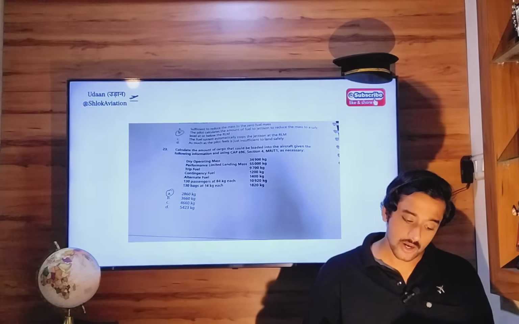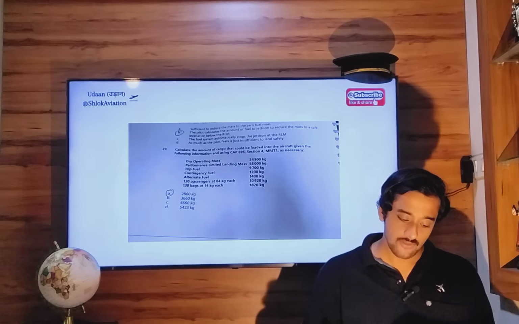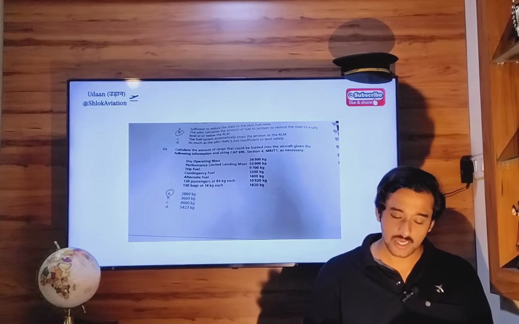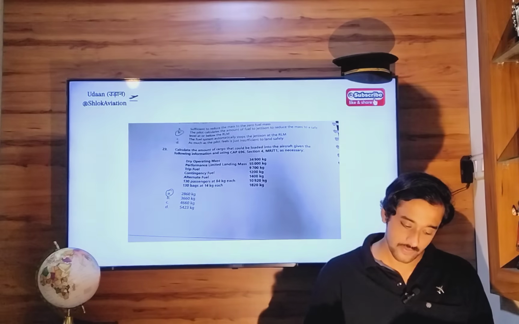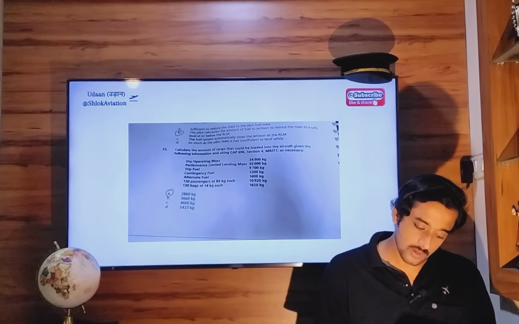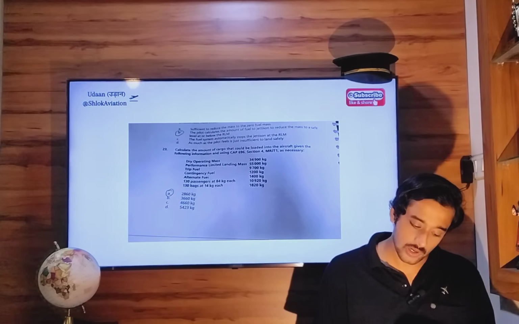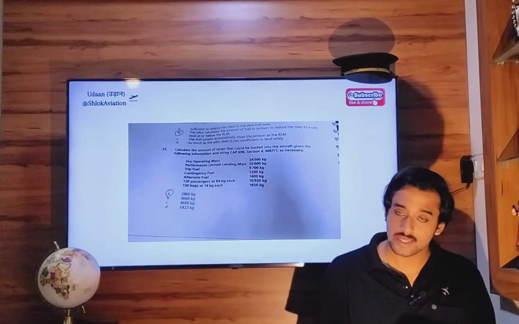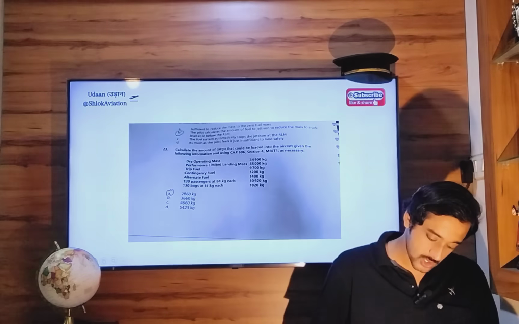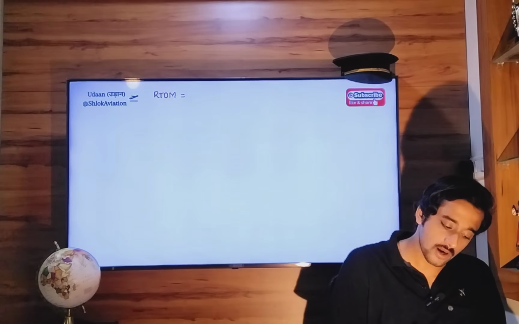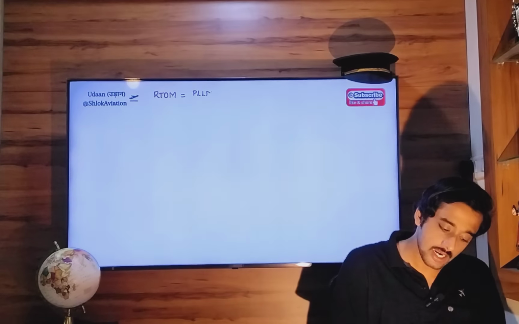Calculate the amount of cargo that can be loaded given the following information using CAP 696. So we have been given performance limited landing mass, trip fuel, contingency fuel, alternate fuel, passengers, the baggage. So first let's find regulated takeoff mass. Regulated takeoff mass will be performance limited landing mass plus trip fuel.